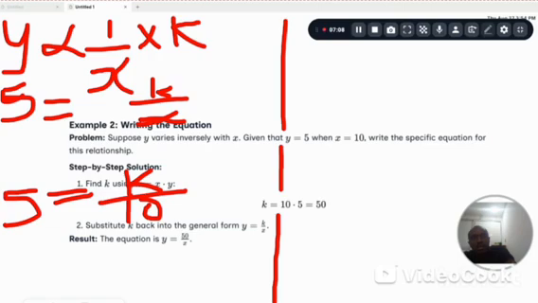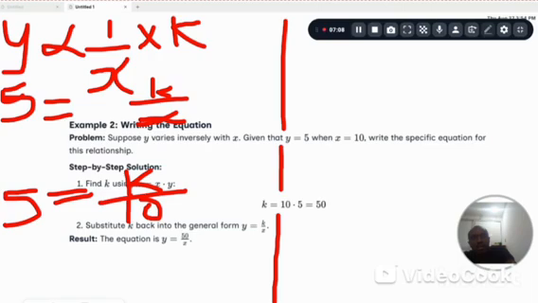So don't forget, I picked it from this side. Y equals k over x. So I will simply replace the value of k with the 30 that we got here. So that's why I have y equals 30 divided by x. So this is the relationship that we are going to use to find the unknown.